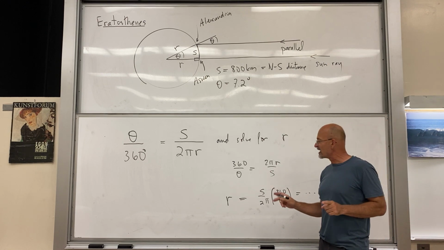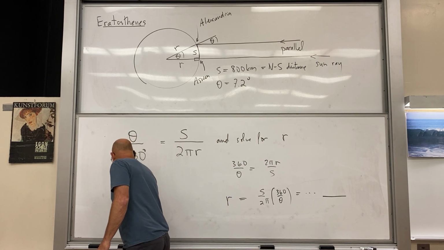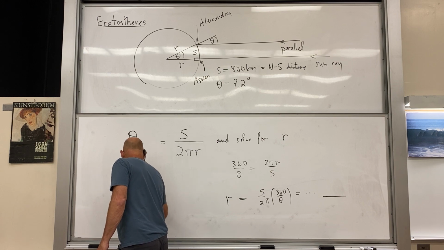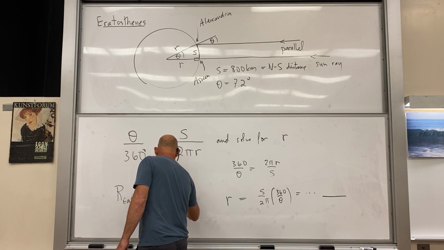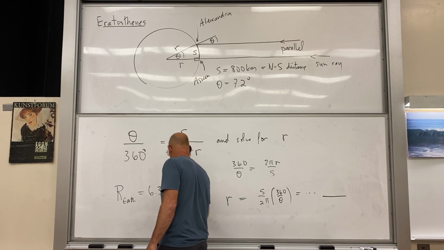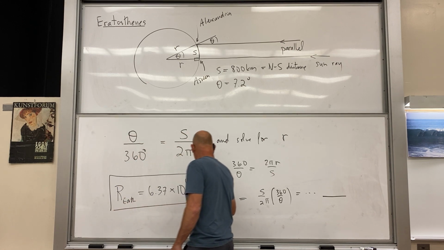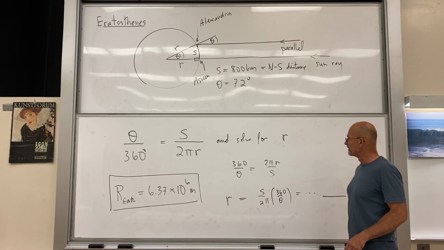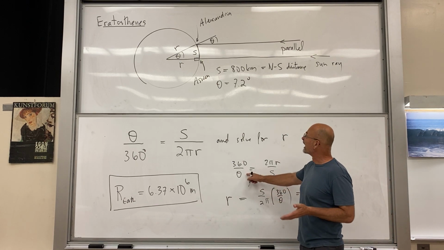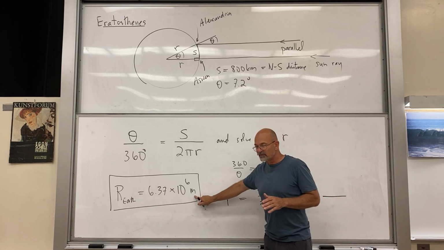The established value, the radius of Earth, equals 6.37 times 10 to the 6 meters. Go ahead and see what you get here. It'll be close. Depends on how accurate these angles are measured after all. So those are the numbers I'm using. This is the number you'll find in your book.